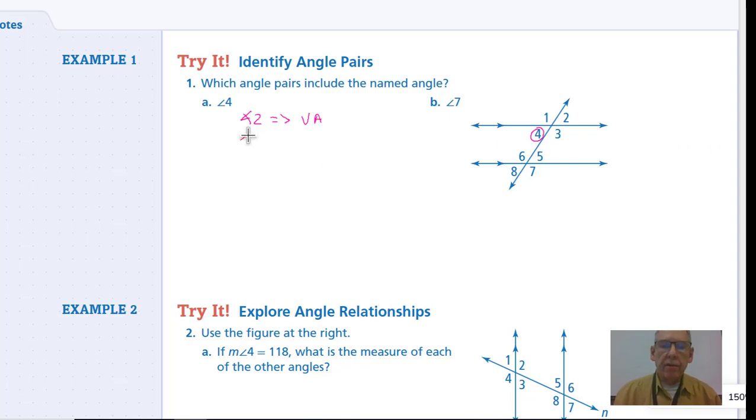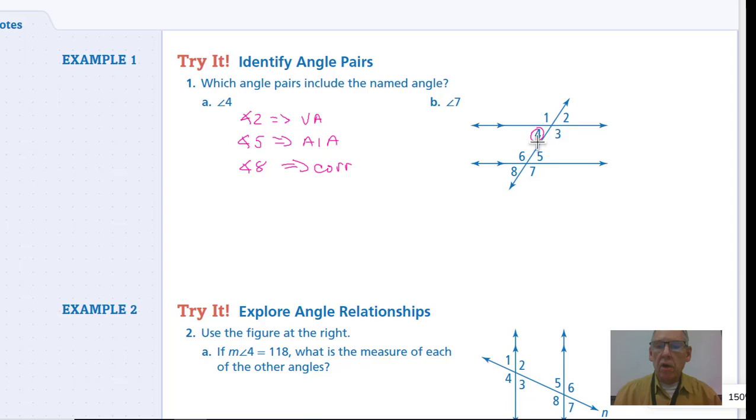Angle 5 is an alternate interior angle with angle 4. They're on alternate sides of the transversal inside the 2 parallel lines. Angle 4 and angle 8 would be in corresponding position. They're on the same side of the transversal, left, below the lines that are crossed, so they're corresponding angles.